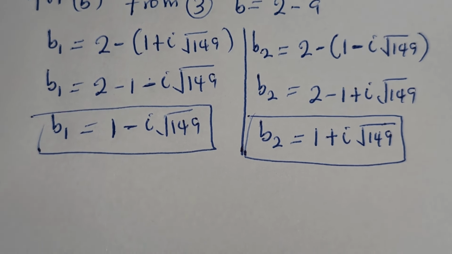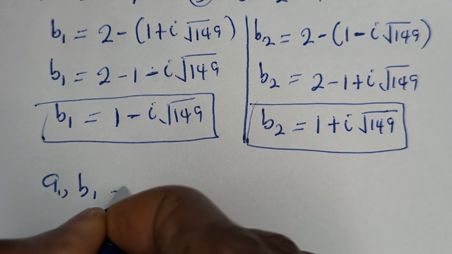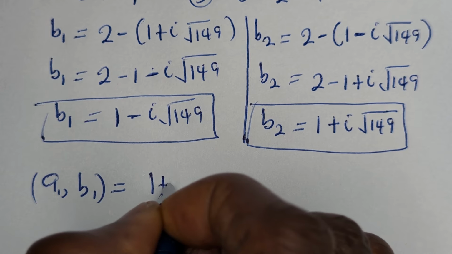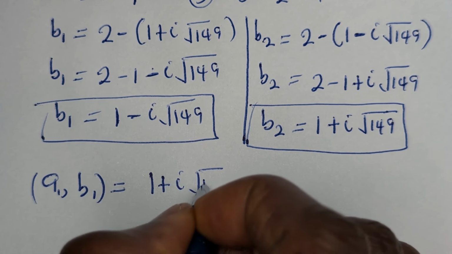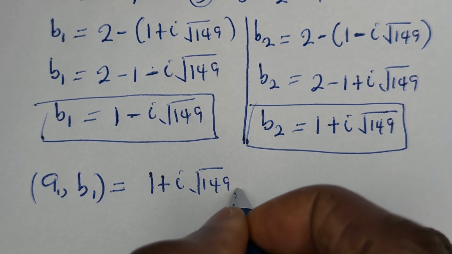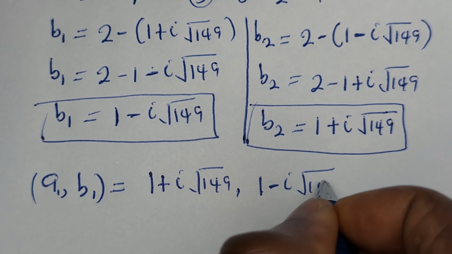Therefore, our final answer: a1, b1 is equal to 1 plus i square root of 149, 1 minus i square root of 149.